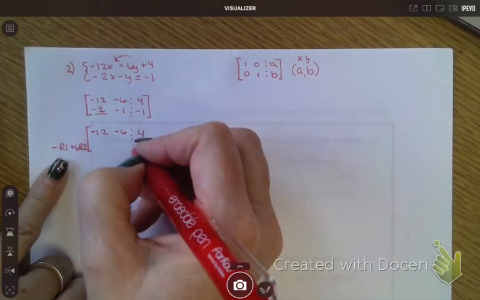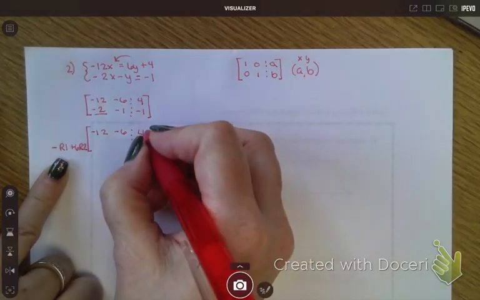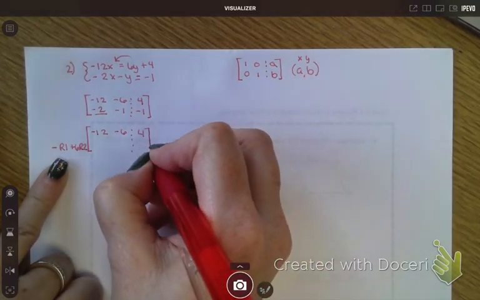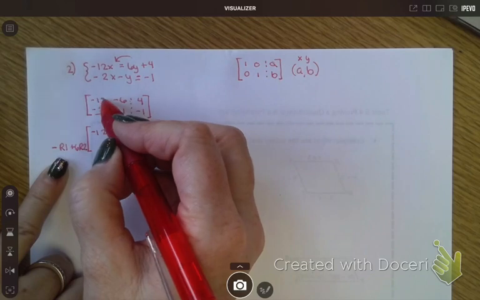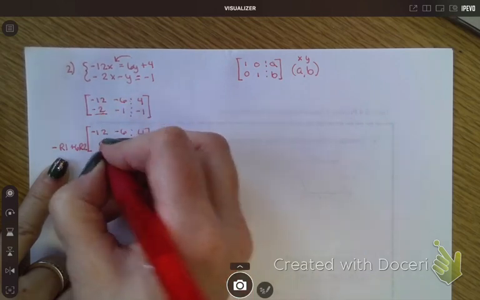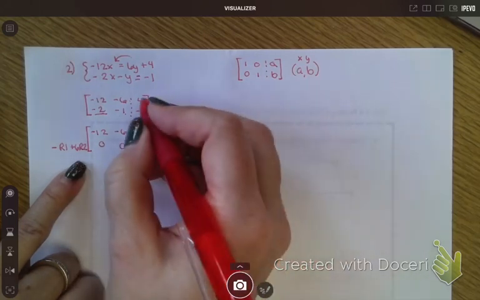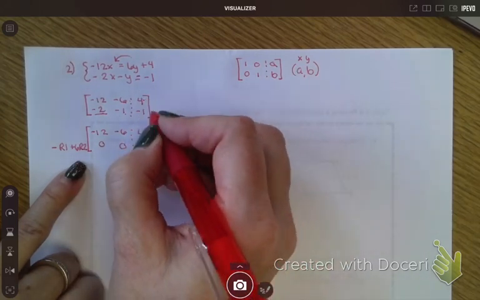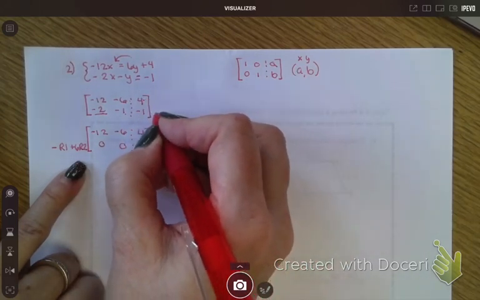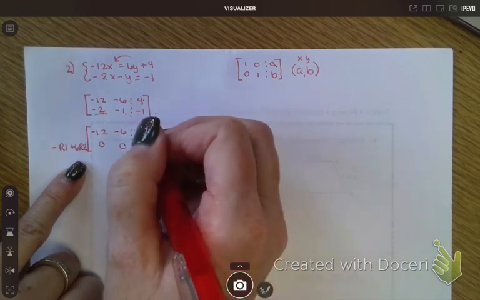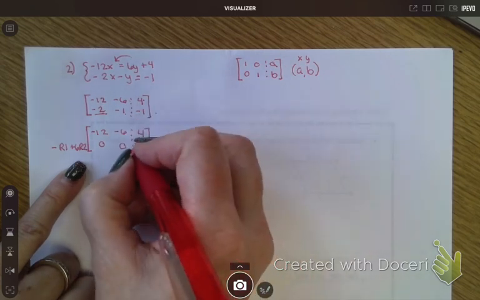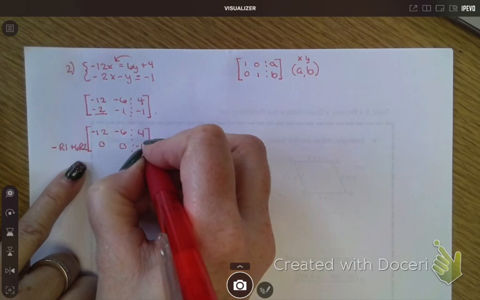Remember, keep those augmented lines lined up as much as possible. And then, so positive 12, negative 12 is 0. Positive 6 and negative 6 is 0. And I'd have negative 4 and negative 6. So that would give me negative 10.